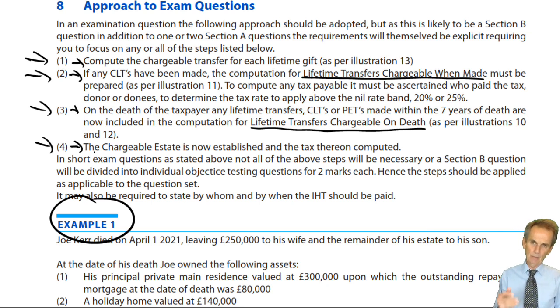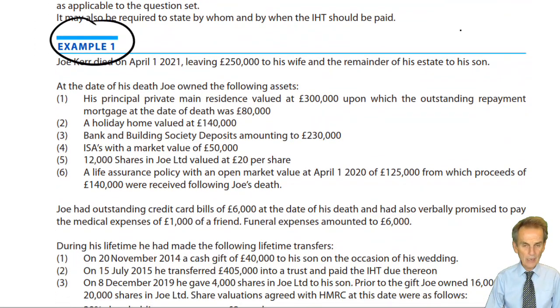But remember, in terms of a Section B question, these explicit requirements will be broken down to do this for 2 marks, do that for 2 marks there. What we will see here is our overall approach, going through this order, because we have to go through this order to get to the end figures of tax arising as a result of the death of the taxpayer, and we'll show it in that form.